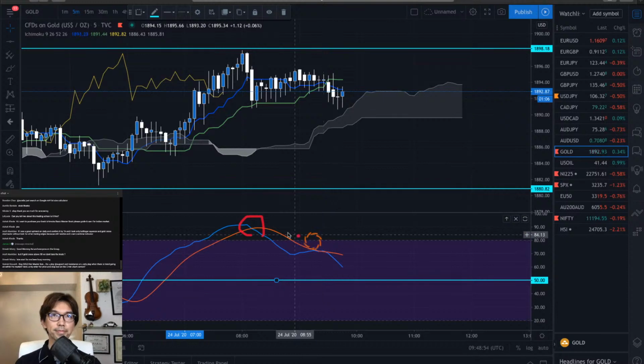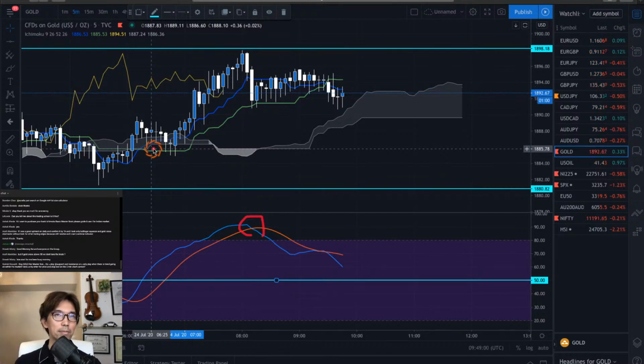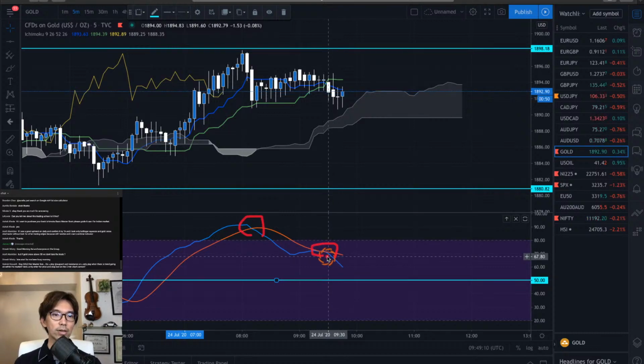the 80% level. But because this is an uptrend in the bigger time frame, we don't want to take a sell here, right? We only look for the buy chance. Another dead cross happens here now.